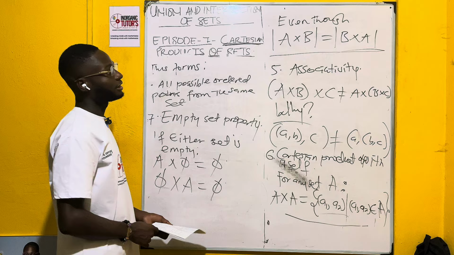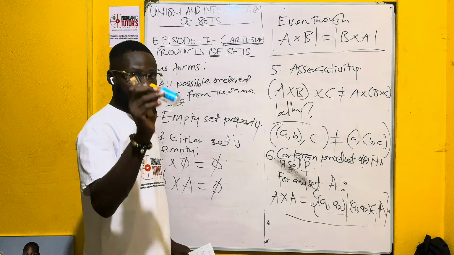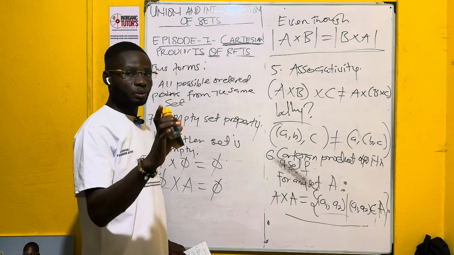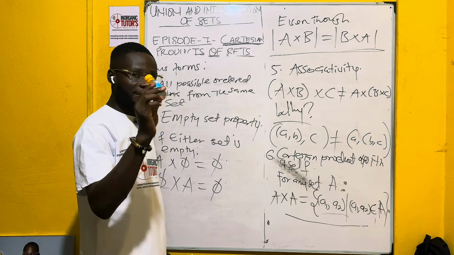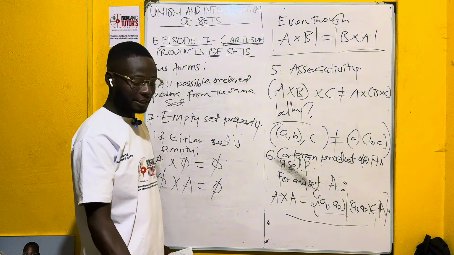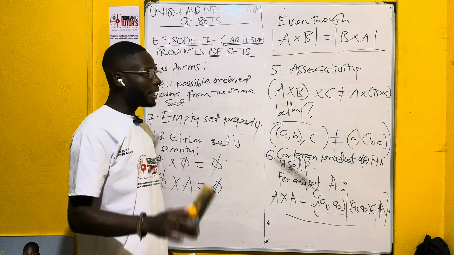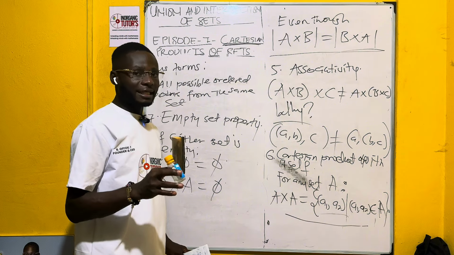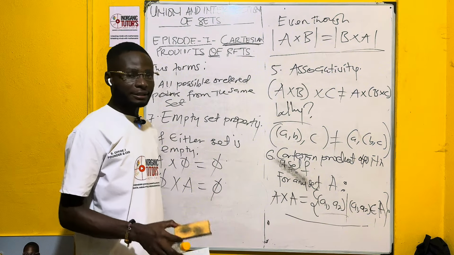So that is the illustration that I did. If this is empty, this is a set, right? Now, you cross these two, you produce an empty set. Yet, if this is empty, right, and this is also a set, and you cross these two, it becomes empty. Once one of the elements is empty, the result will be an empty set.